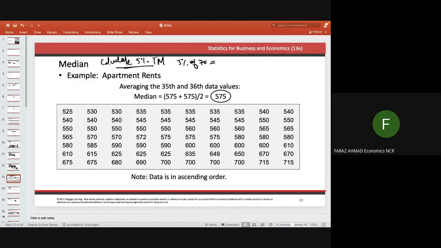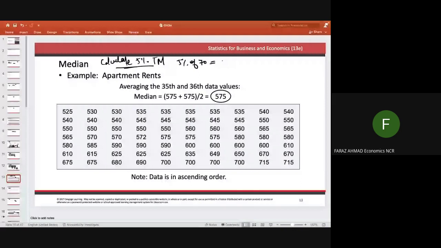It's 3.5, right? 5% of 70 is 3.5. So there are 70 values and 5% of 70 means 3.5 values.